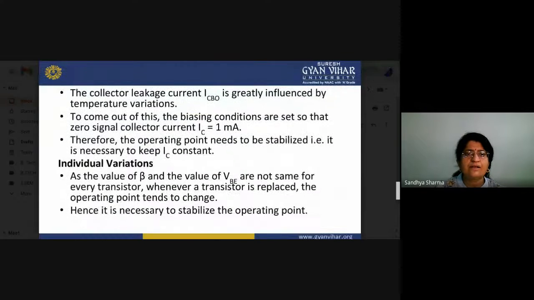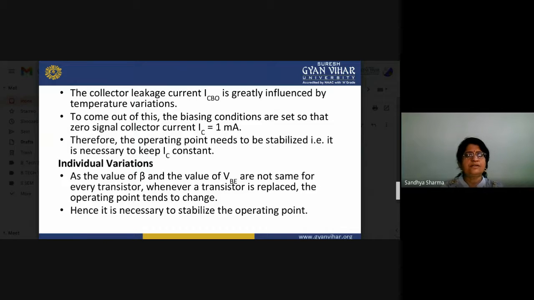That is called the collector leakage current. ICBO is greatly influenced by the temperature variations. To come out of this, the biasing conditions are set so that the zero signal collector current IC is equal to 1 milliampere.